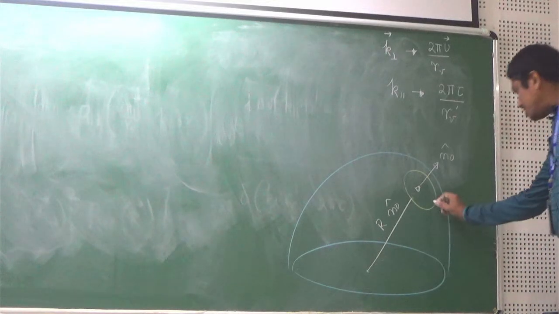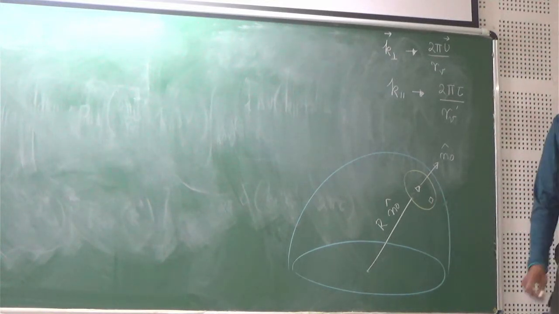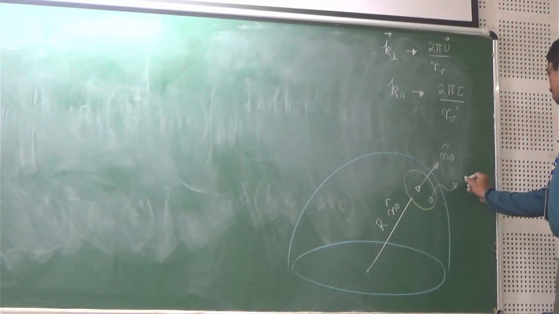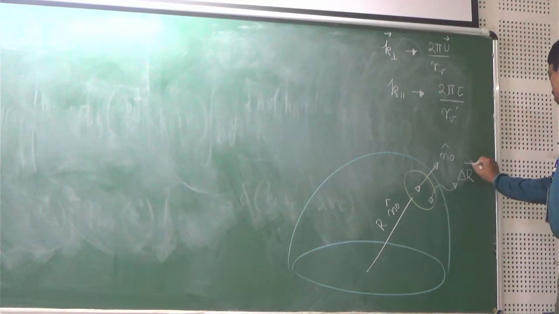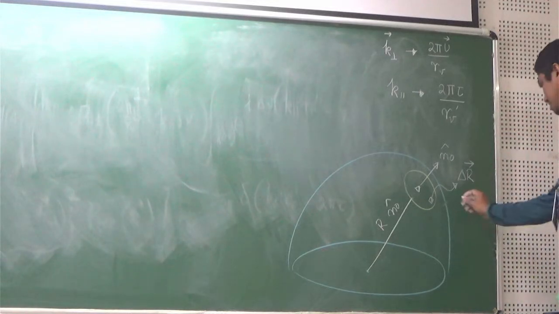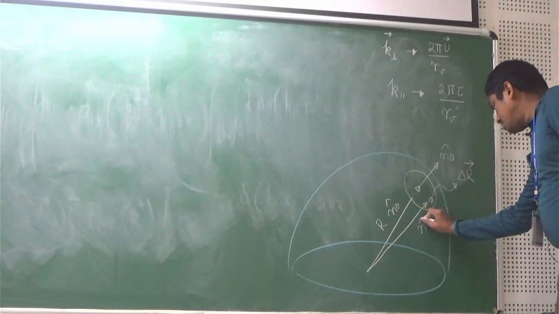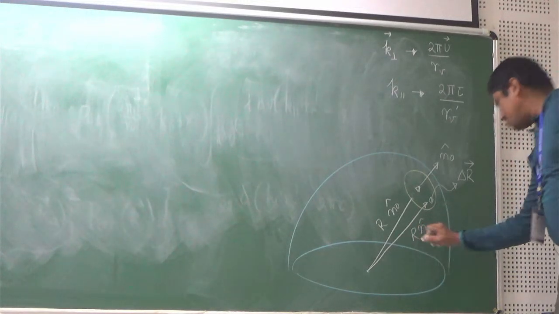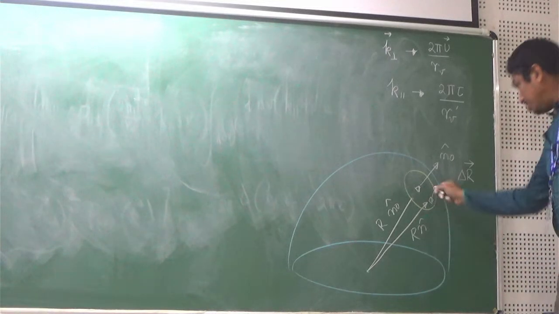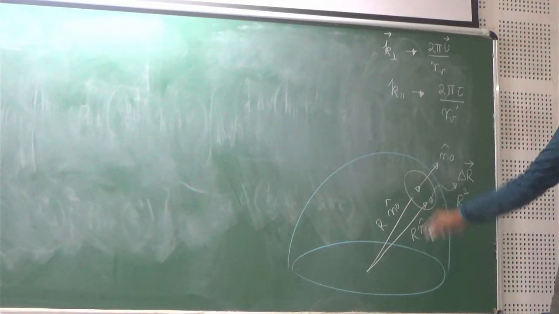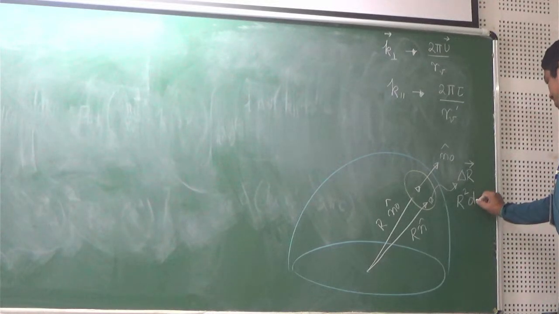If I choose a very small region in the sky from where the signal originates, I will call this delta R. If I call the unit vector to this n cap, then it is at the same distance from us, so R n cap is the vector to that point. And this delta R I will write as R squared, remember that it's a two-dimensional thing, R squared and then d n cap.